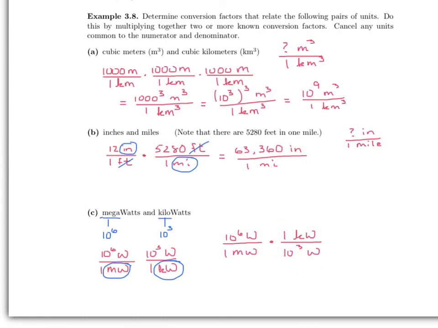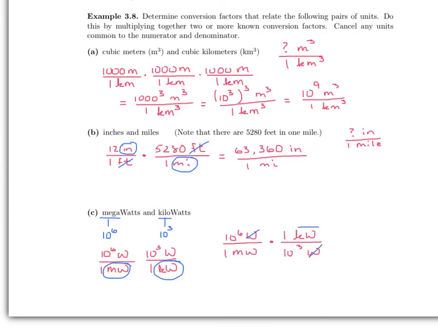Well, let's pay attention to the units here. Notice in the numerator we will be multiplying watts by kilowatts. In the denominator we multiply megawatts by watts. Do you see any units that are common to the numerator and the denominator? You should. You should see that watts is common to both the numerator and the denominator, and therefore is eligible for canceling.